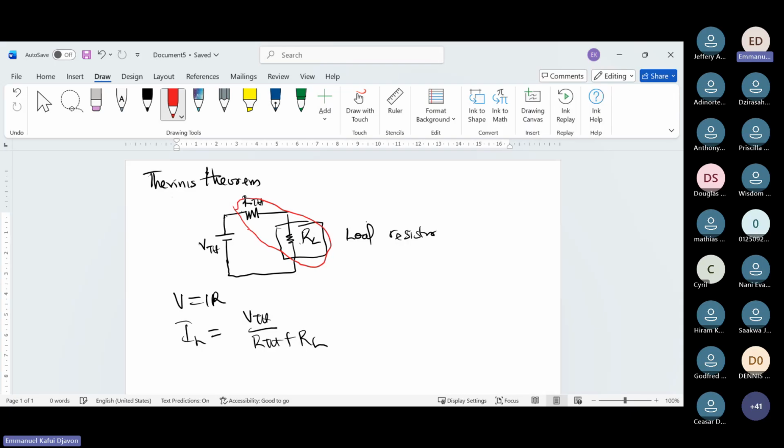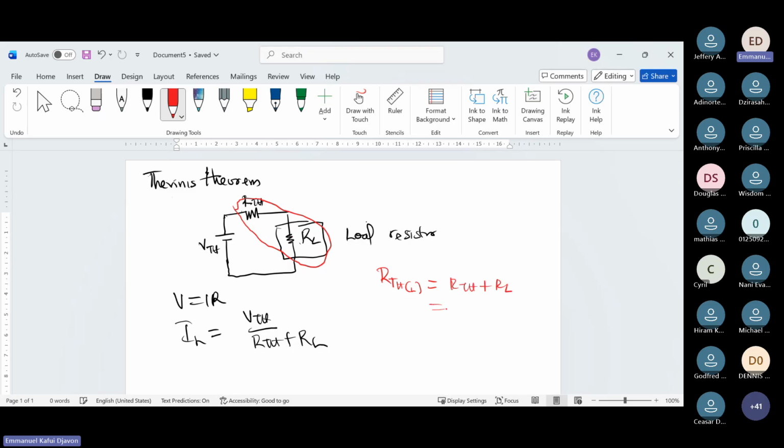So for you to get the current in this resistor, we also know that in a series network, the current flowing in this one will be equal to the current flowing here. So to get that supply current, we have to do the total R, let me say RTH subscript L, to be equal to RTH plus RL.